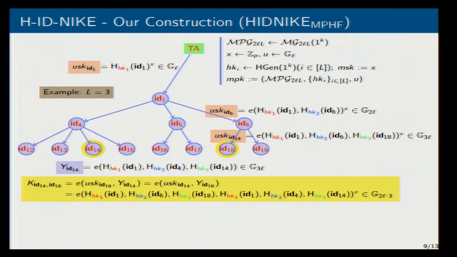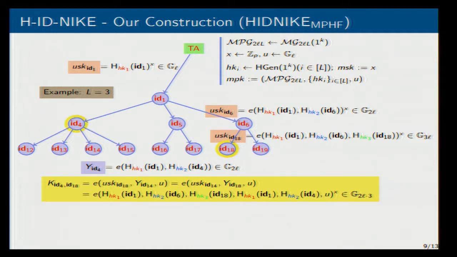It is very important to notice that this shared key has to be in the topmost group for some security reasons. So for example, if one of the identities is not in the bottom of the hierarchy, then we are going to use that U element that I mentioned before in order to complement that multilinear map computation so that we reach the last level.